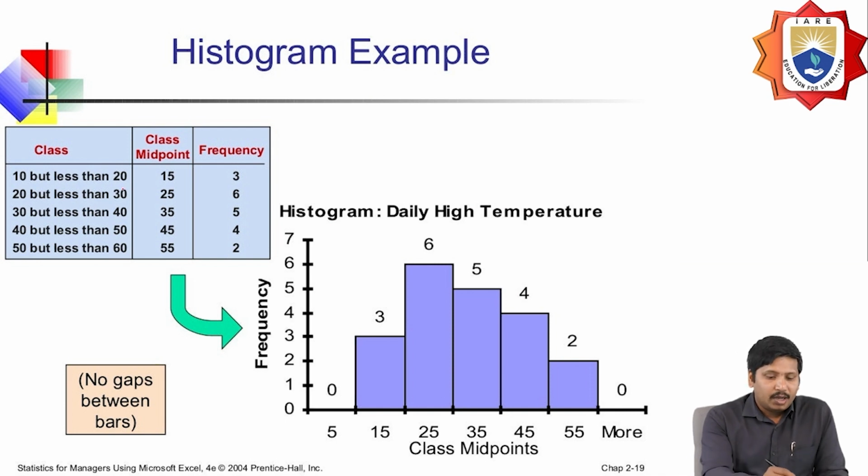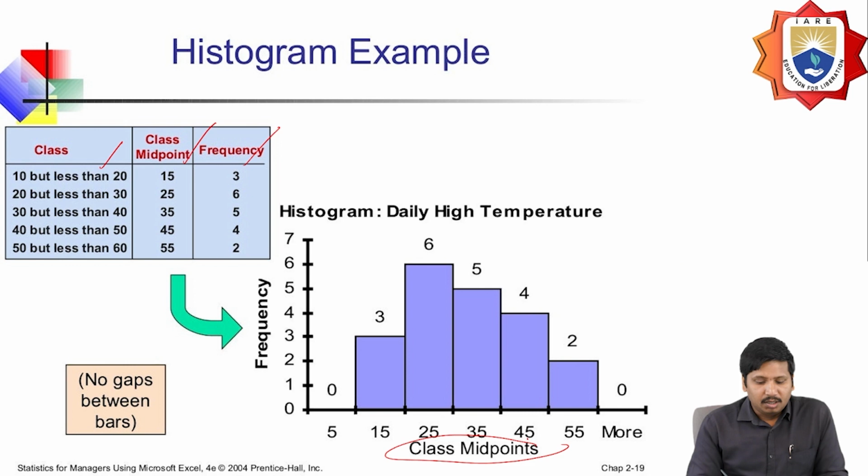We have the class, class midpoint and frequency here. Take the x-axis as class midpoints and on the y-axis consider the frequencies. Between 10 to 20, the midpoint is 15, right?